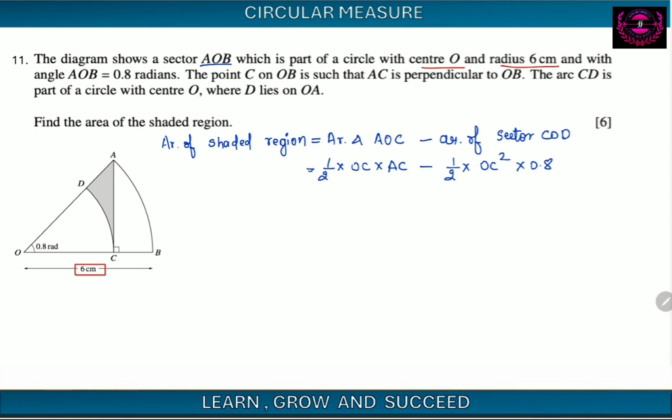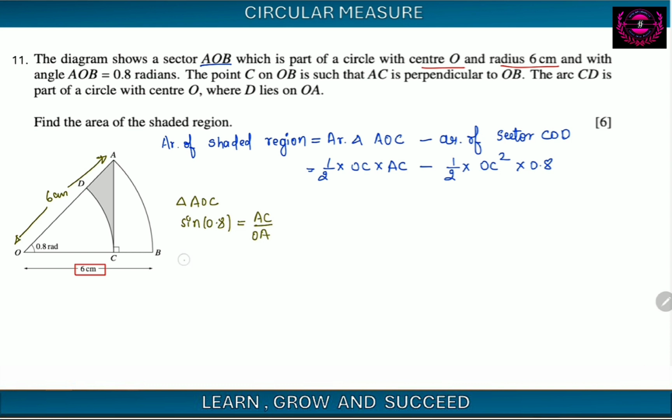So now our objective is to find value of OC and AC, and then we will substitute these values and find our answer. So for AC, in triangle AOC, sine 0.8 radian will be AC perpendicular upon hypotenuse, which is OA. See, OA is radius, so OA is equal to 6 centimeter, because this is radius of the sector AOB.